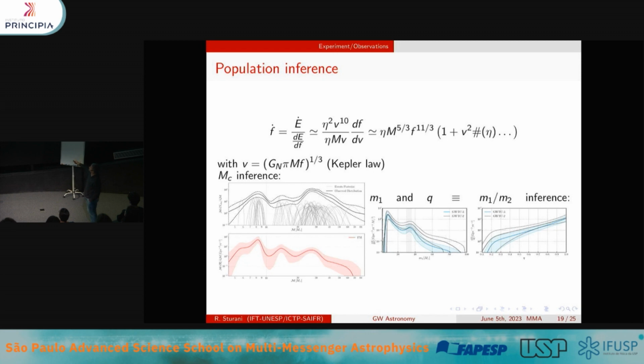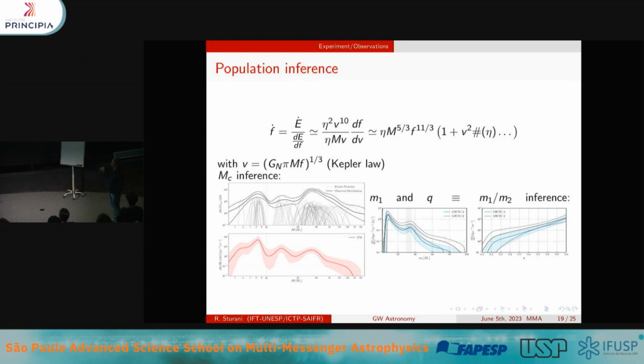And then, of course, this formula is based on Newtonian physics. If you want to add post-Newtonian physics, then you have corrections in v squared. The correction will depend on the symmetric mass ratio, but not on the total mass, because the total mass has dimension. Since this is already the right dimension, this cannot depend on the total mass. So this tells you immediately one thing.